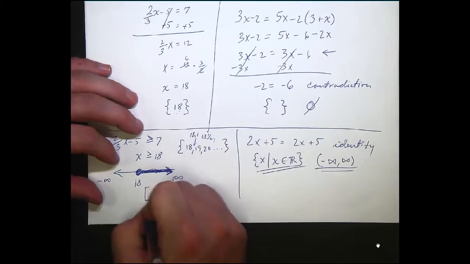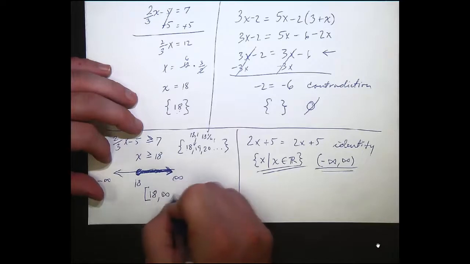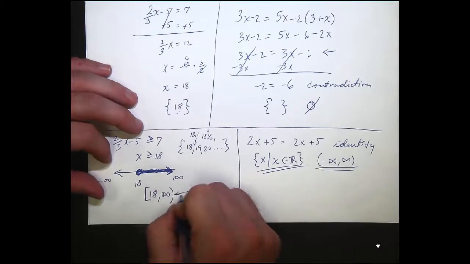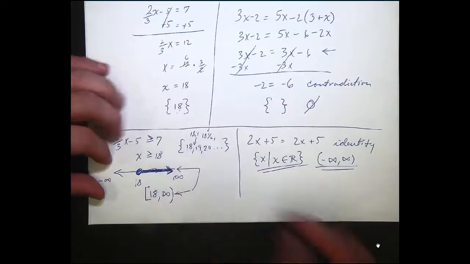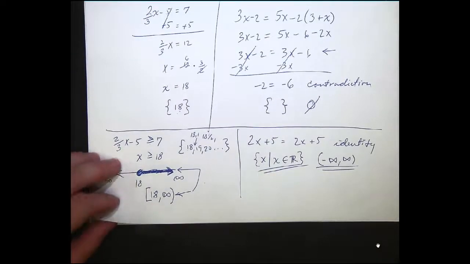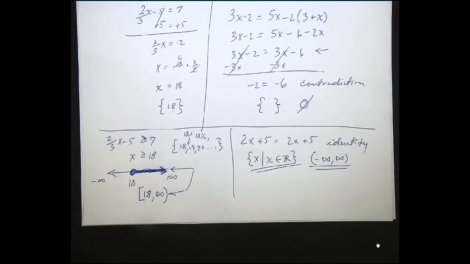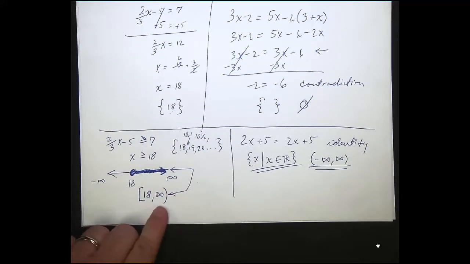Well, it's the set of values bigger than or equal to 18. So it's anything from 18 to infinity. And this is the shorthand way of writing that. So that's what I want to review in this sheet with you guys, this notation, interval notation. You'll notice that on the infinity I put a parenthesis.